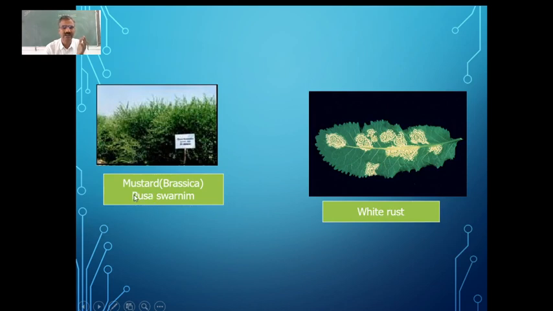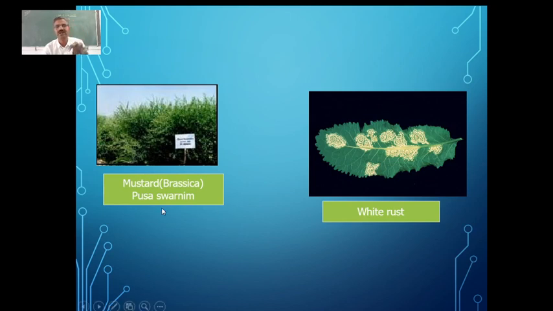Pusa name, do you know why Pusa is given in many cases here? Pusa is the locality in Delhi where our premier research institute, IARI, the Indian Agricultural Research Institute, is located in New Delhi.